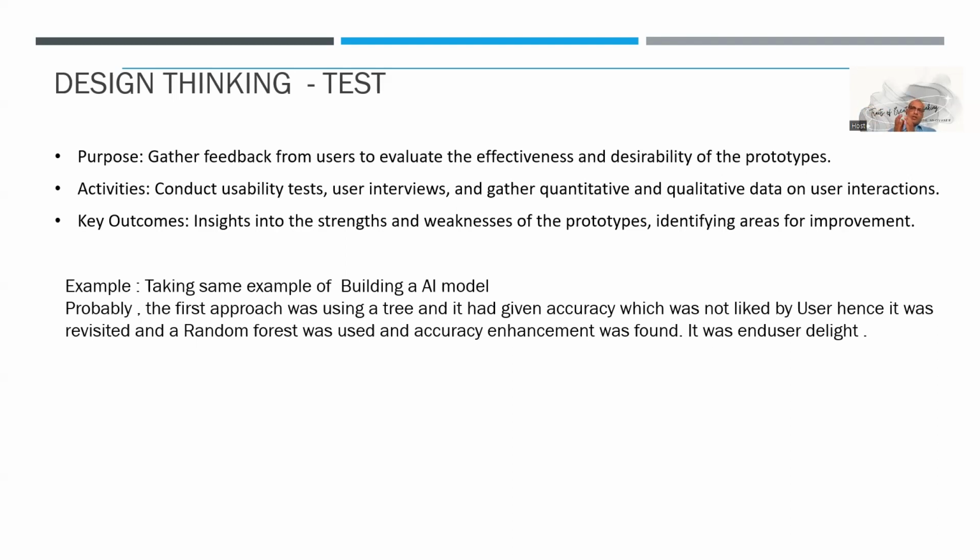So the need of the user and the prototype that it came up with had some delta gap. This gap is again addressed by having some other model, say random forest, in the picture, and the accuracy now is matching the need of the end user.